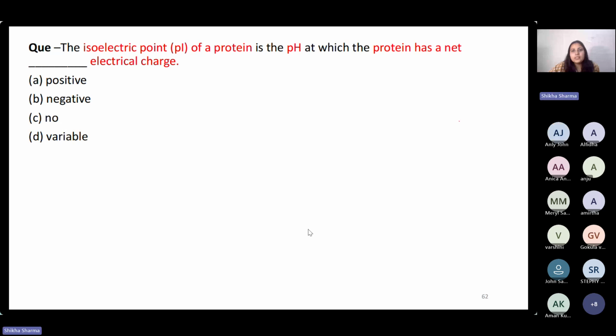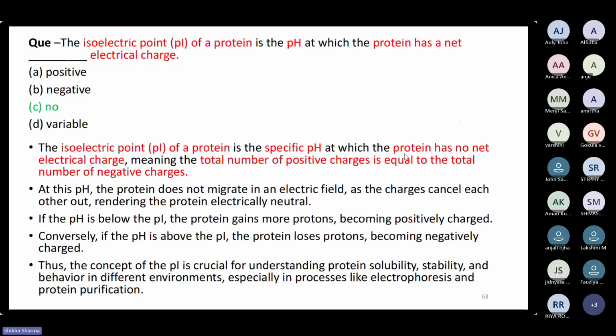Shivaswamy says C, no charge. Aman also says C, no charge. Okay, you guys are correct. No charge. So the isoelectric point of the protein is at a specific pH. Terms like zwitterion and isoelectric point are all relevant to the pH term, so a specific pH should be included.